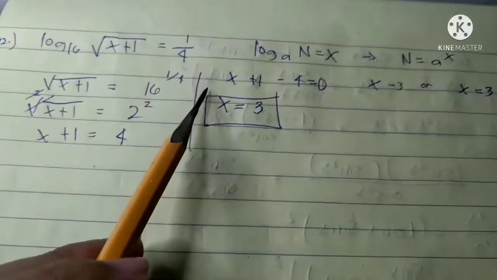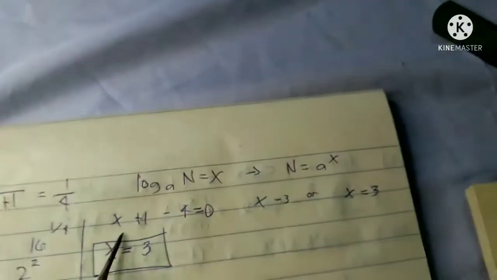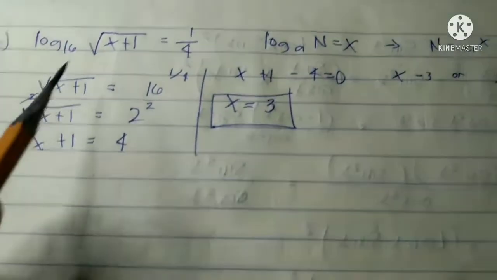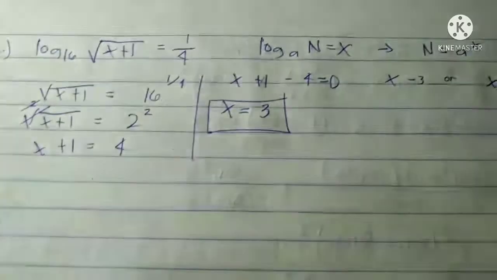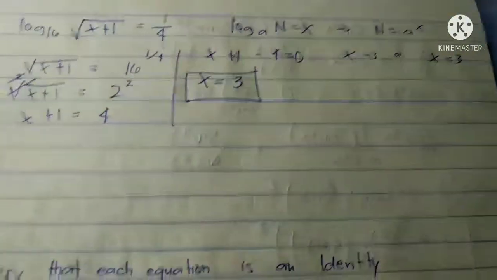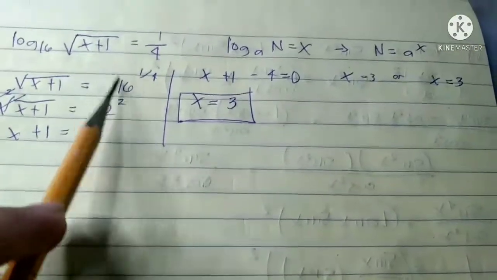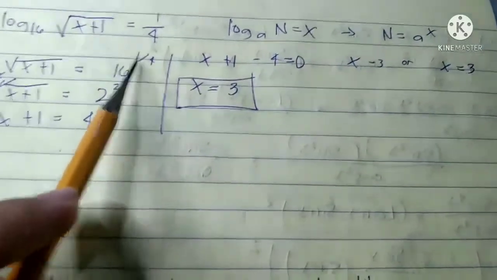So we have here now the n, which is the square root of x plus 1, equal to our a, which is 16, and our x is 1/4.